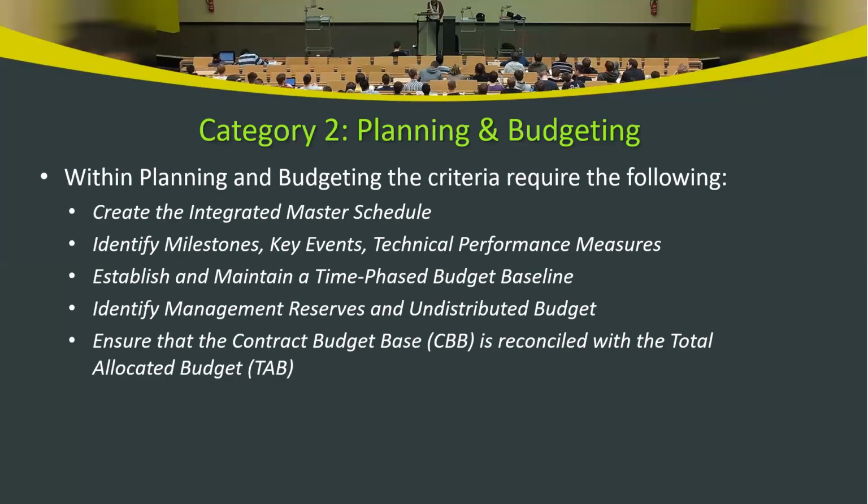Last one is ensure that the contract budget base, CBB, is reconciled with the total allocated budget, TAB. What is this? This step ensures that the total budget agreed upon in the contract, we call it a contract budget base, is aligned with the amount distributed to various project elements.